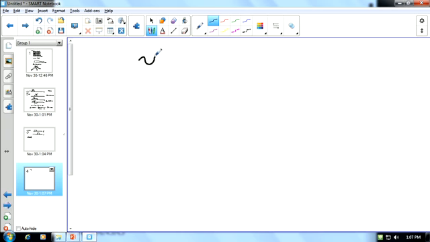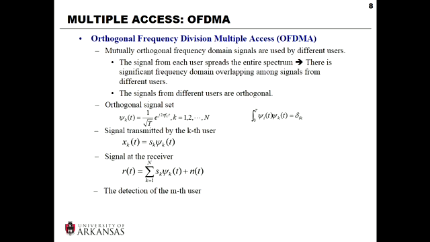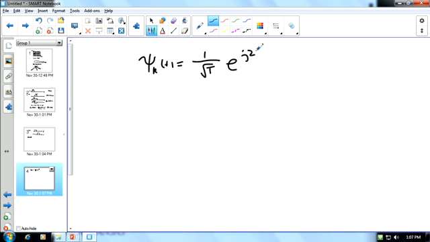So let me introduce those. So we have φ_k(t) equals 1 over square root of T times e^(j2π f_k t). And they are orthogonal not for any arbitrary frequency. Okay? So the frequencies have to satisfy some relationship.